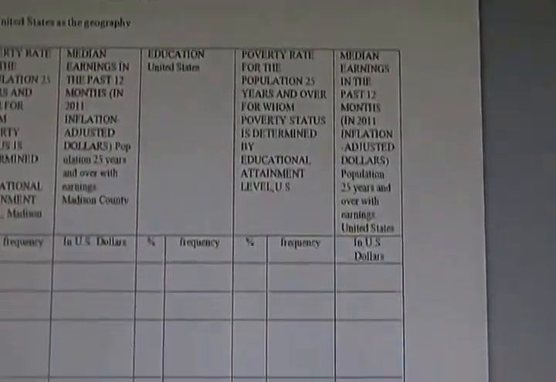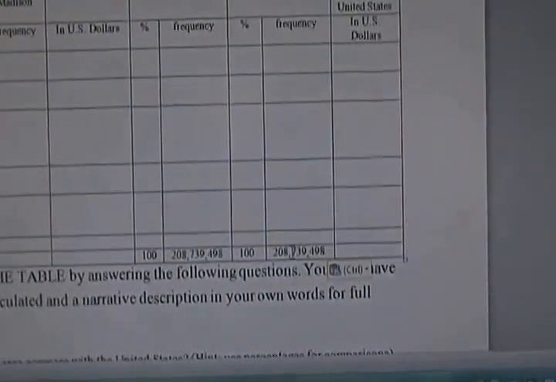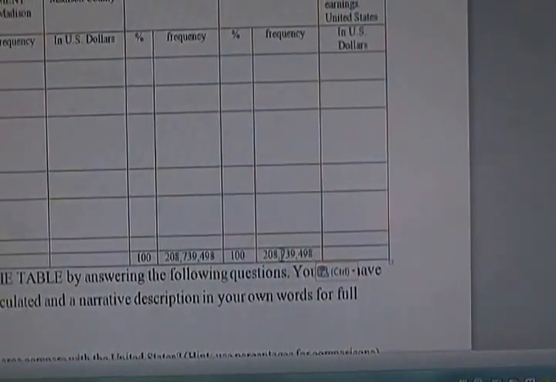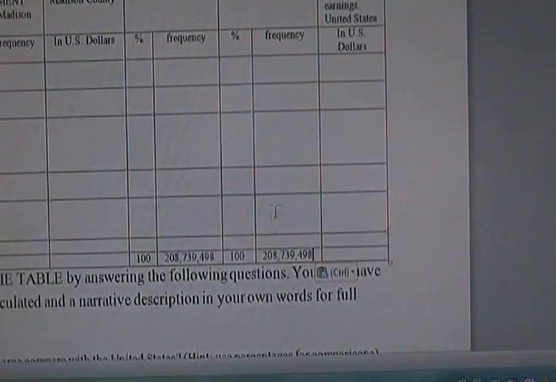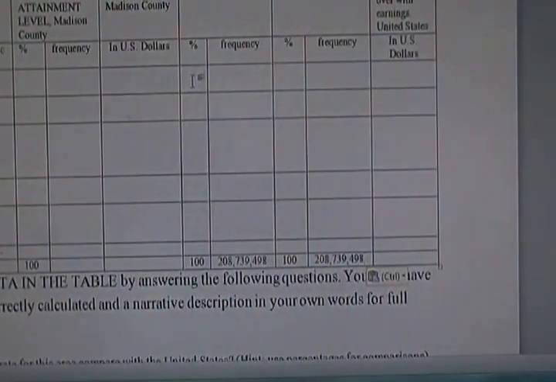Now, somebody asked me what a frequency is. A frequency is the raw number from which we calculate a percentage. Okay? Let me show you how this works. And we're just going to work with the education in the United States. Okay, so we're there. And I ask you less than high school.